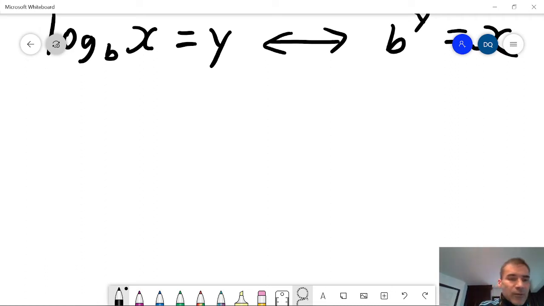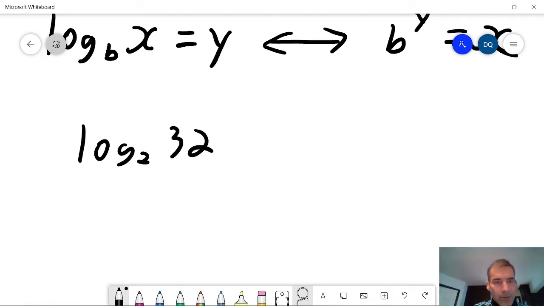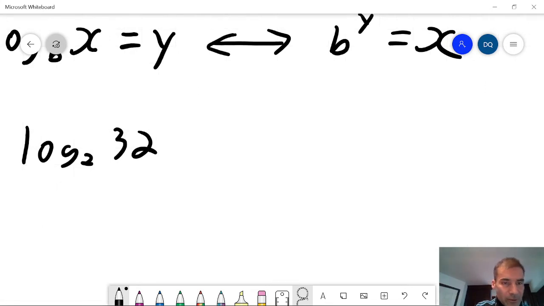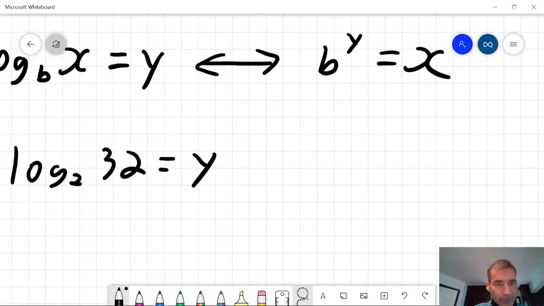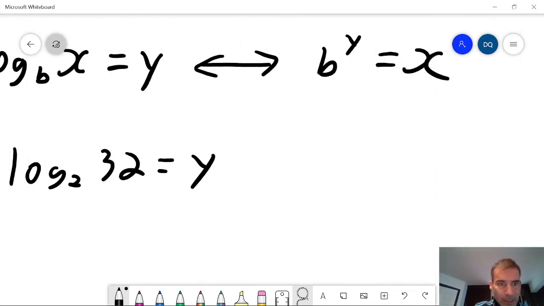Okay, the change of base formula. Suppose I want to know the value of the base 2 log of 32. This is easy enough. I'm going to say that that's equal to y. And then I'm going to use this rearrangement here. My base is 2, my exponent is y, and altogether that's equal to 32.